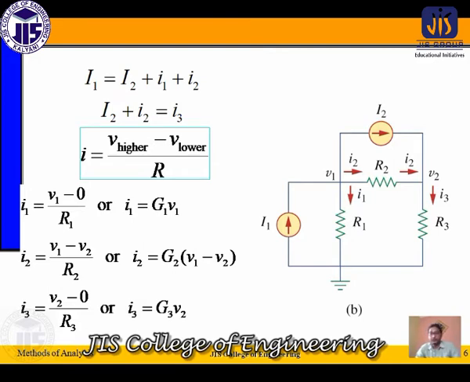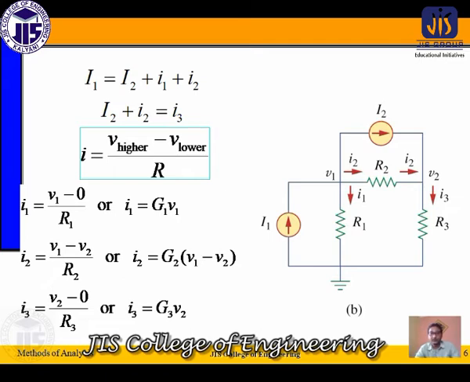So current always flows from higher potential to lower potential, and we can find the value of the current by dividing this potential difference by the value of the resistance, or if we consider an AC circuit, then we divide the potential difference by the value of impedance, right?